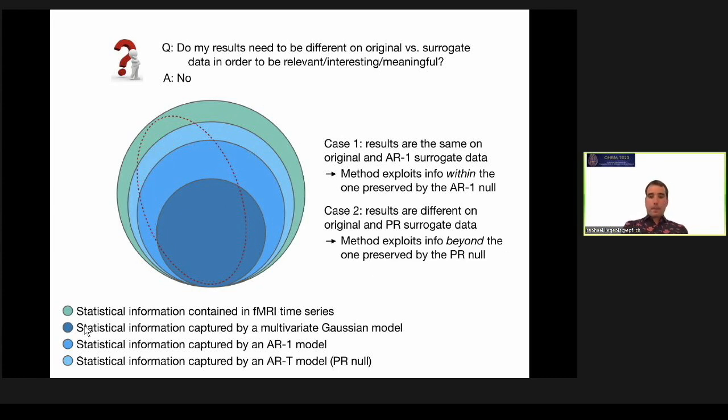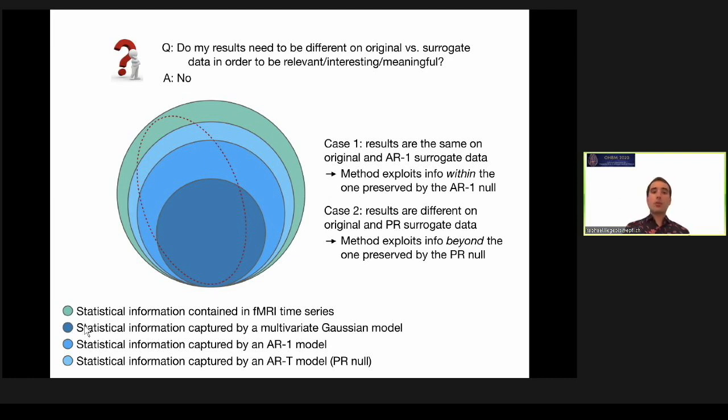And so again, the conclusion is just to say that in case 2, the method exploits some information, maybe not only that information, but some information that goes beyond the one preserved by the phase randomizer. And so in these two cases, the conclusion is just that we have some information about the statistical information used by our method.